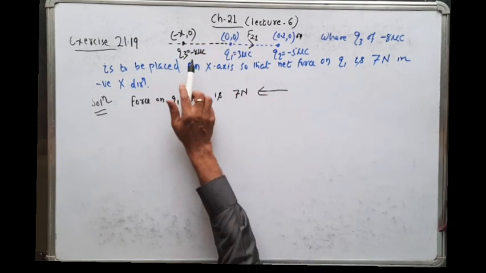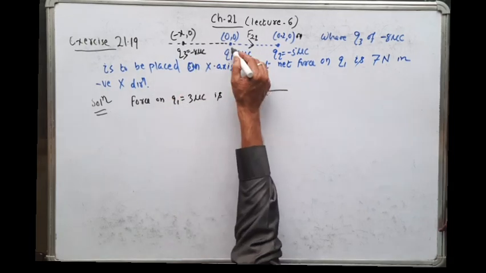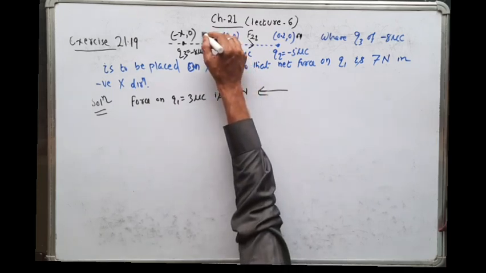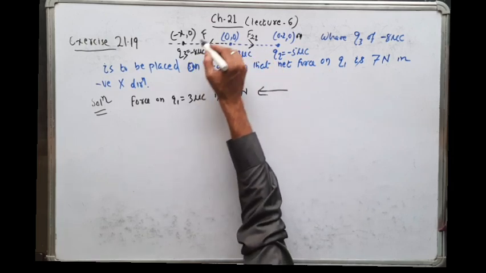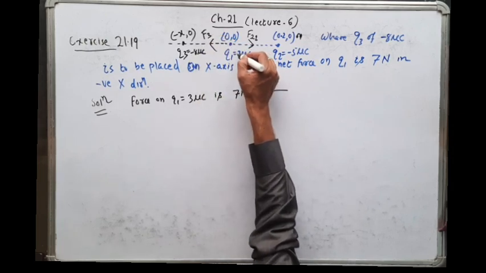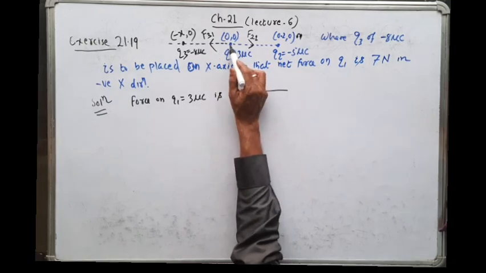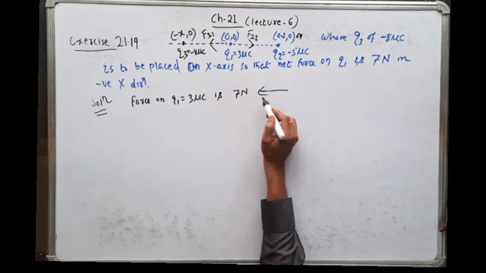So now you see, this is minus charge. So this negative charge will attract this positive charge towards itself. And this force is equal to what? Force by Q3 on which charge? Q1 charge. So here on Q1 there are two forces. One is F31, another is F21. But what is the net force?